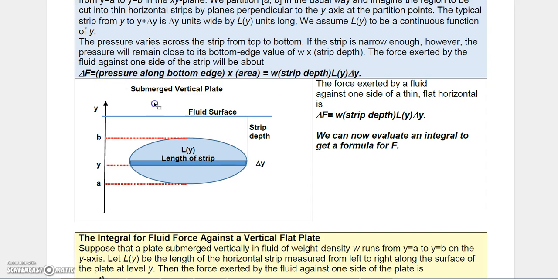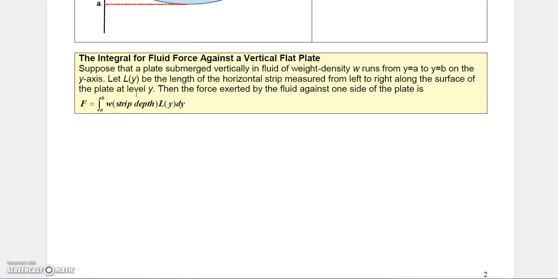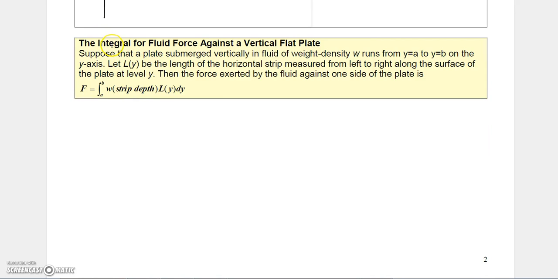And that's going to be the next theorem here. The integral for the fluid force against a vertical flat plate. Suppose that a plate submerged vertically in a fluid of weight density W runs from y equals a to y equals b on the y-axis.